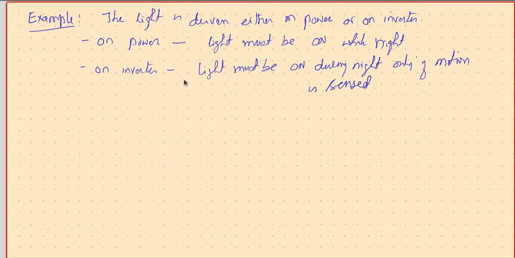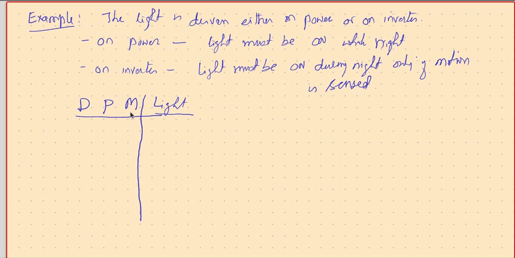Okay, now what are the inputs we have? We have inputs like whether it is day or night, whether there is power or not, and whether the motion is sensed or not. So we have three inputs with us, and we want to decide whether the light should be on or off.